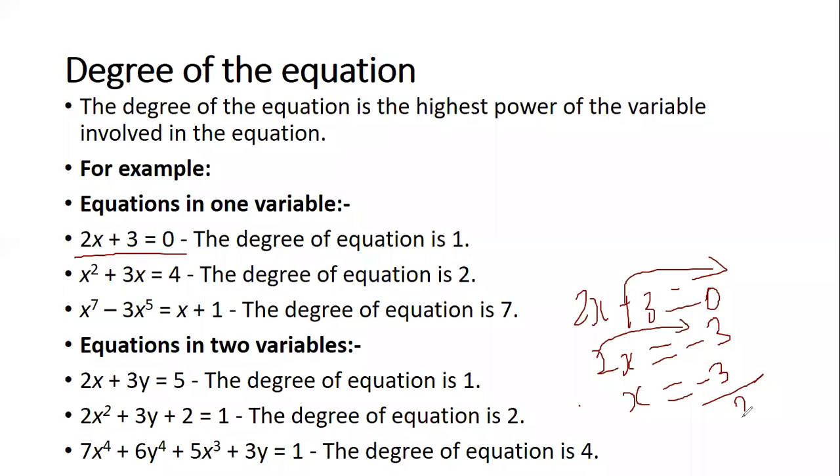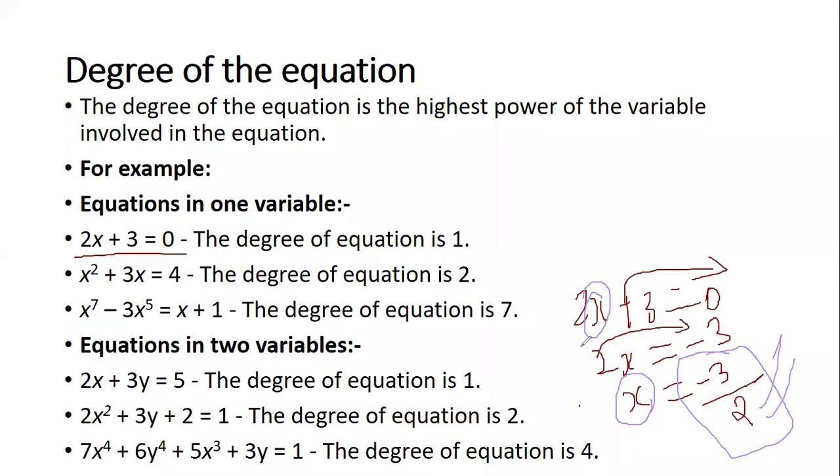So the root of this equation was x. When we find the value of x, that is minus 3 by 2, this is called the root of the equation.